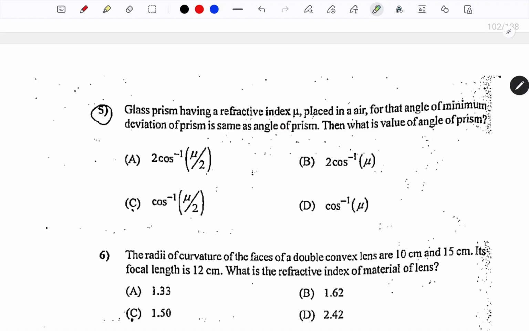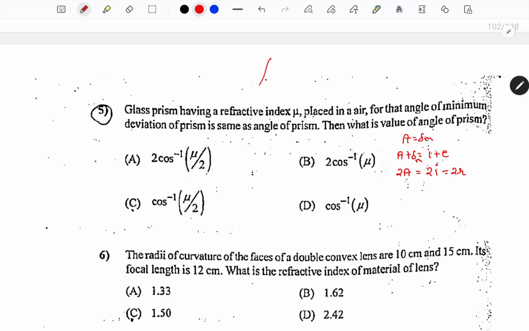Then what is the value of the angle of prism? Okay, so it is saying that A is equal to delta minimum, and we know that A plus delta minimum is equal to i plus e. And according to this equation, if delta minimum is equal to A, therefore 2A is equal to i plus e, therefore i is equal to e, so i is equal to 2A by 2. So in this equation we can also say that r is equal to r.